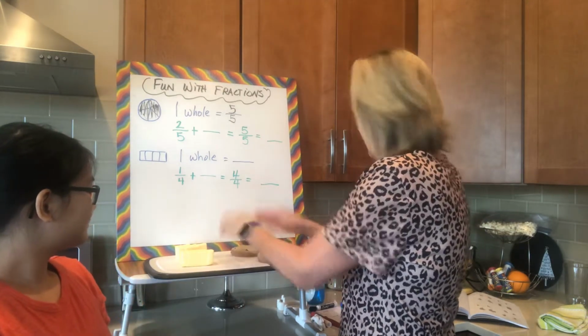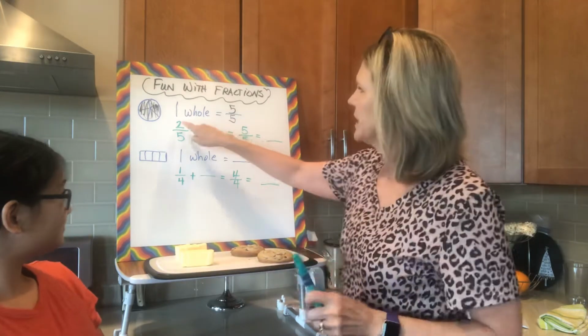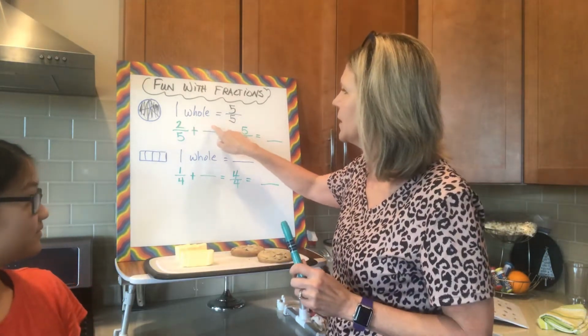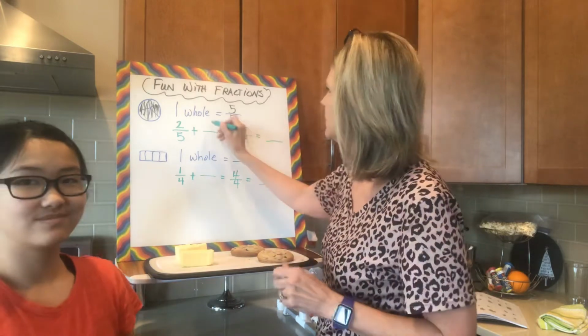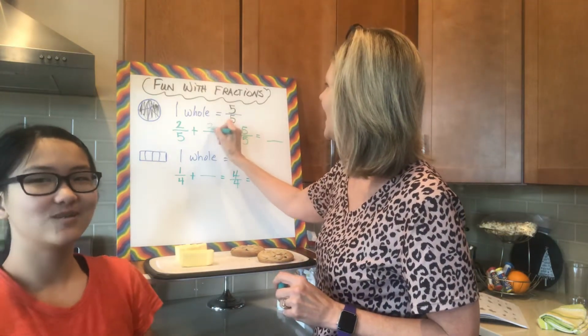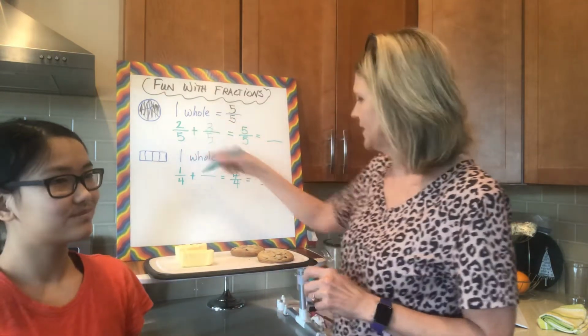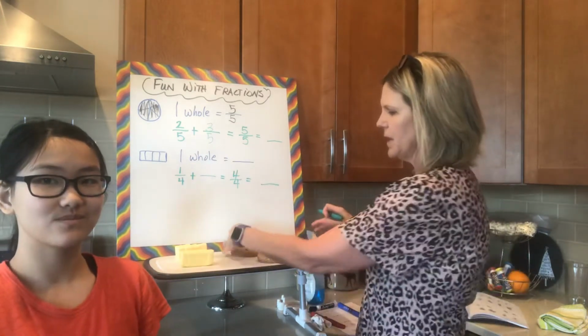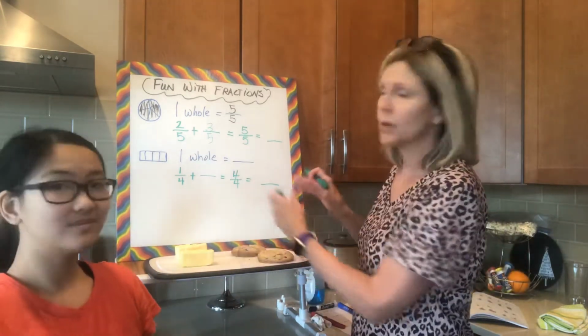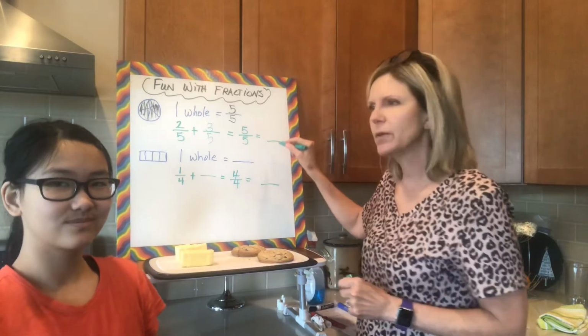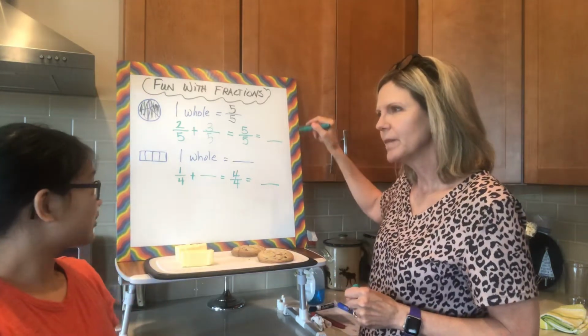So you're basically adding this top number, 2 plus what equals 5? Well, what does it equal, Ming Mei? 3. So 2/5, 2 pieces of that cookie plus 3 more pieces of that cookie equals 5/5, which also equals what? Which also equals 1.